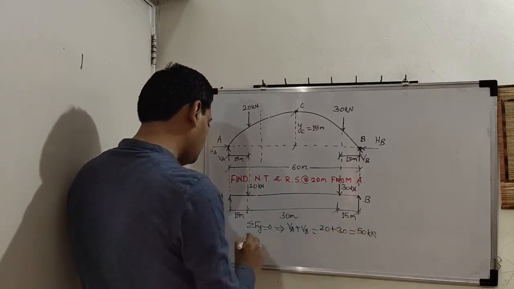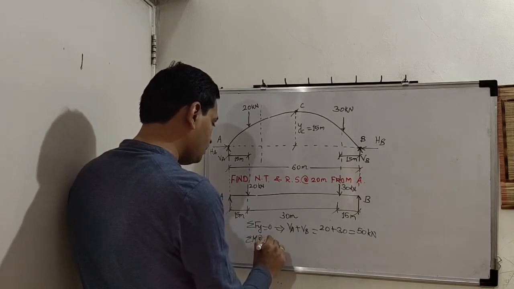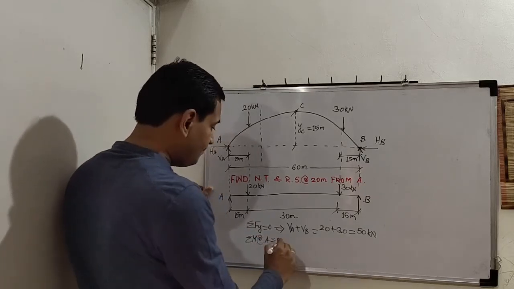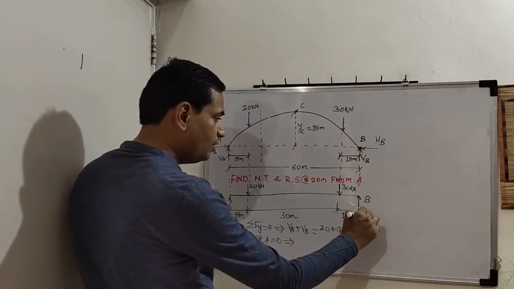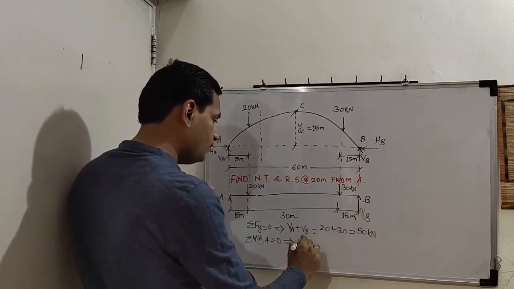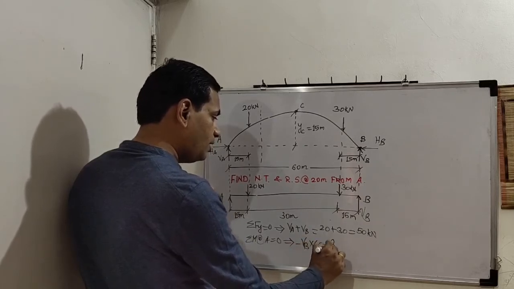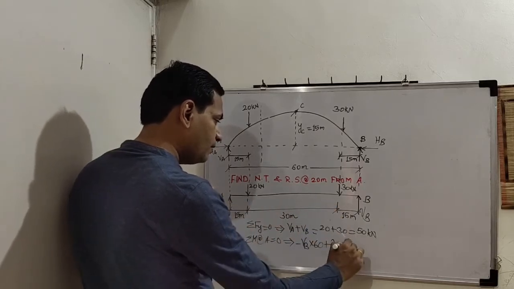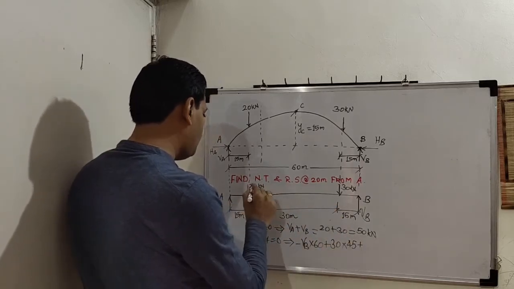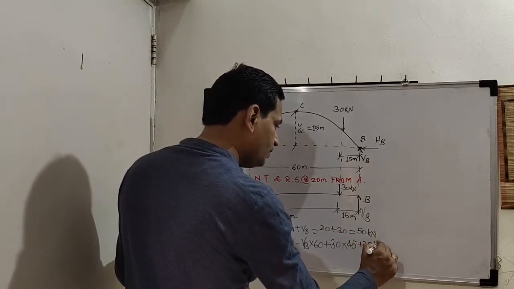Next, summation of moment about any support. I will take A. So this will give us one equation with unknown VB. So minus VB into 60 plus 30 into 45 plus 20 into 15 is equal to 0.